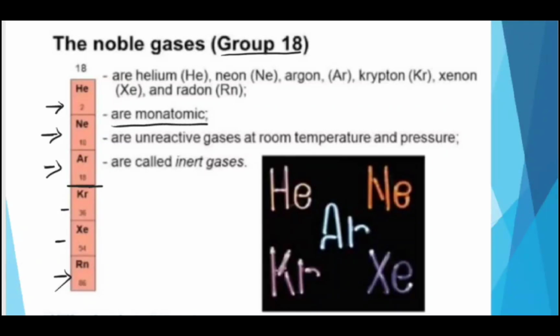Then they are monoatomic. What does this mean, children? That means when we studied about atoms and molecules, what did we learn about atoms? That they are the smallest particle of any material or any substance or any object. However, they may or may not exist freely in nature.